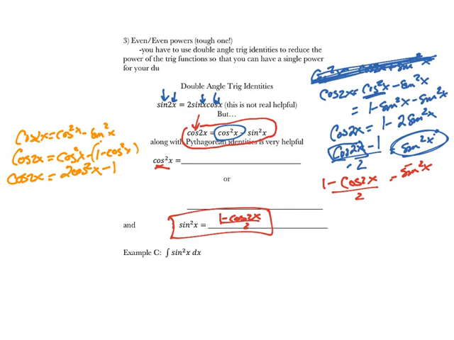So if I want to solve for cosine squared, that's going to be 1 plus cosine 2x over 2 equals cosine squared x. Okay? So cosine squared x is 1 plus cosine 2x over 2. So if you can remember that cosine's got the plus and sine's got the minus, those are not that hard to memorize. But what they do for us is huge.